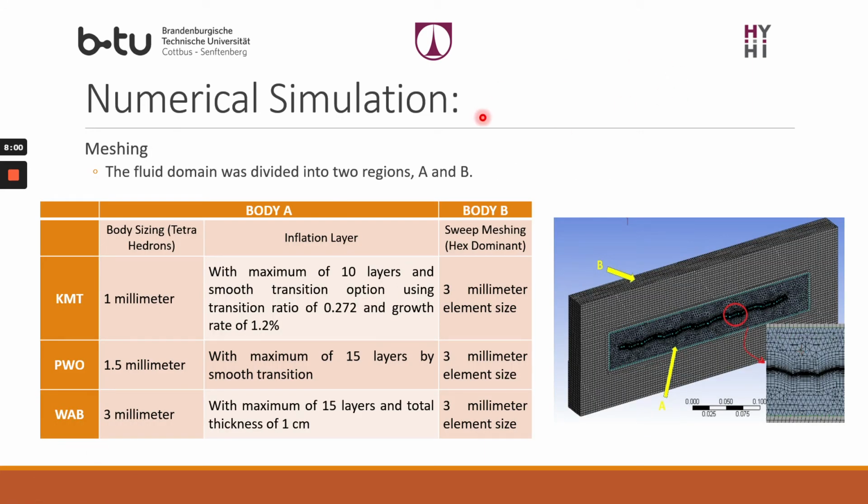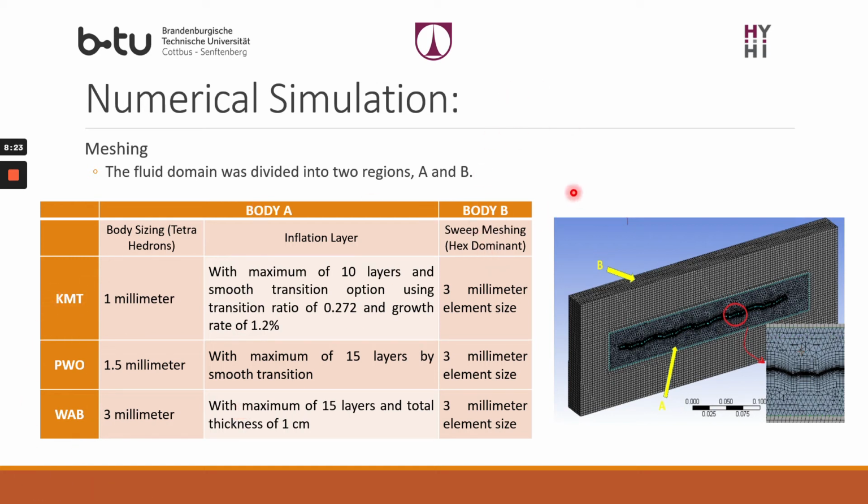After constructing the computational domain, the mesh was constructed, where the domain was divided into two bodies, body A and body B, and by doing so we are able to introduce mesh refinement in body A, which is the body of more significance to our simulation.